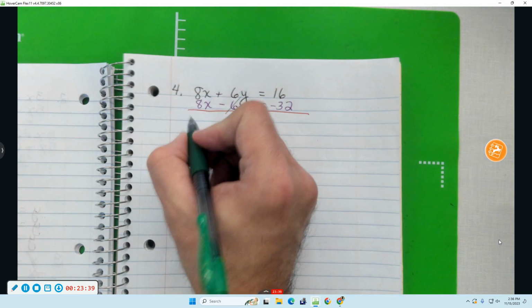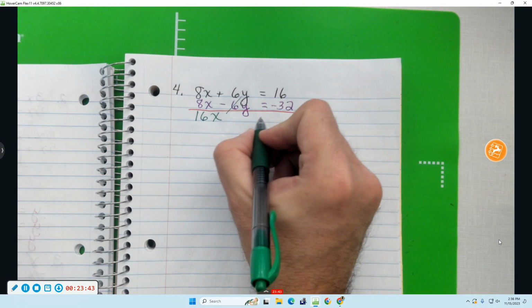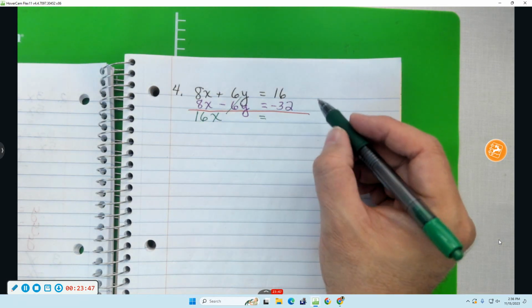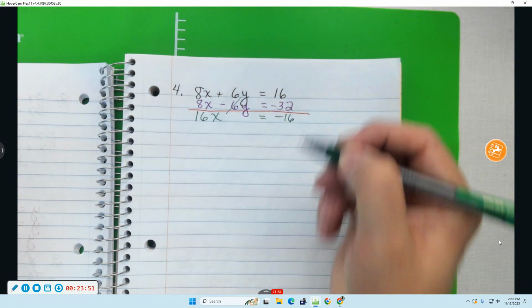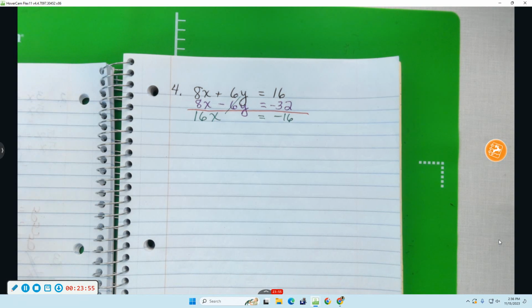Now 8x plus 8x, what's that going to give us? 16x equals 16 minus 32. Is that a -16? Yes. And then what do we have to do to solve for x?